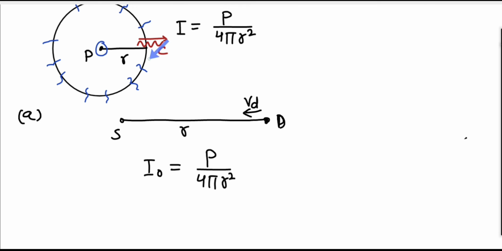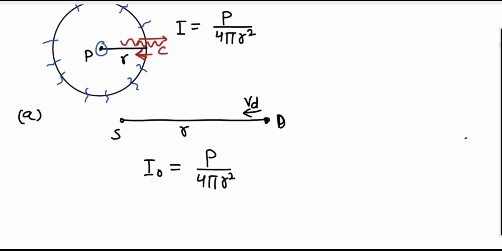But if the observer or detector was moving towards the source here, it will see more of these disturbances, and they are also carrying some amount of energy. So of course it will see more energy crossing the same amount of area in 1 second, right? So that is why it will see more intensity, and the intensity will be different.